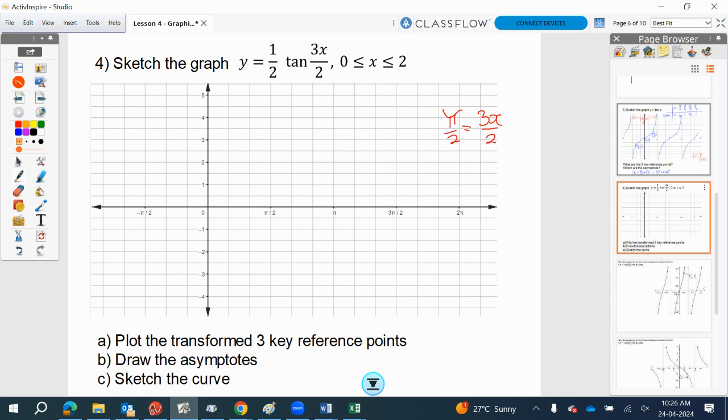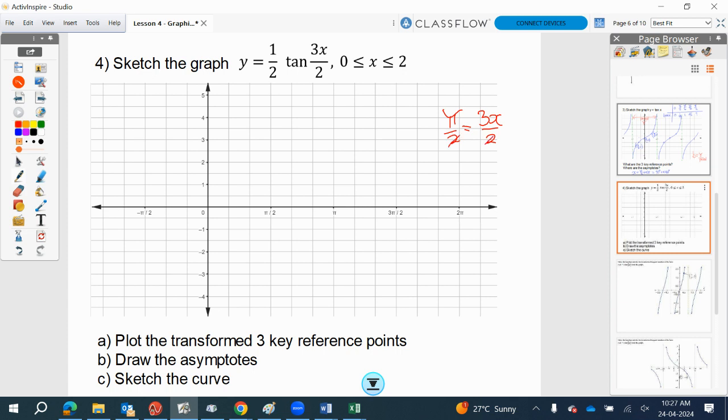So we need to put something into x that when we multiply it by 3 and divide it by 2, the answer will be pi over 2, and then it will be undefined for the tangent function. The question I'm asking is, what do we put in for x such that it results in pi over 2, thus causing the tangent to have an asymptote. So that equation answers that.